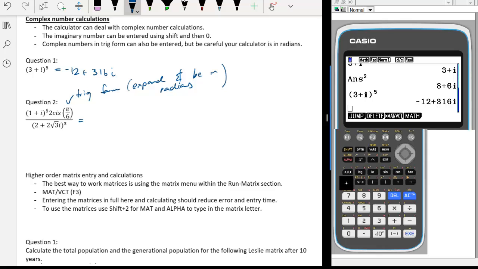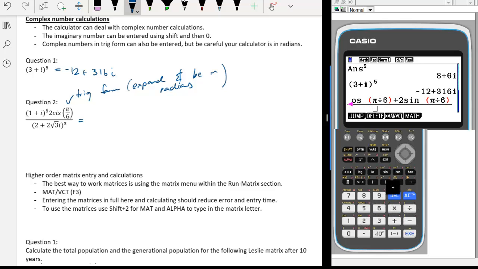So if I was doing this on my calculator, it would be straight entry. I'd have my bracket, 1 plus Shift i, to the power of 5, multiplied by bracket. Now we've got 2 cis, so 2 cos pi on 6 plus 2 sine pi on 6.